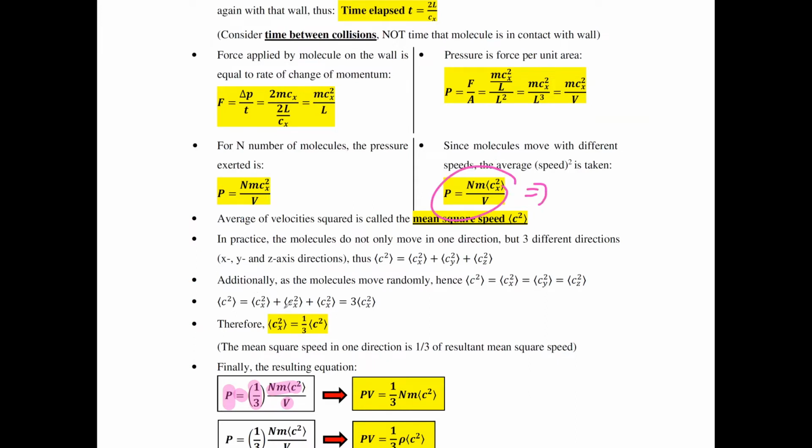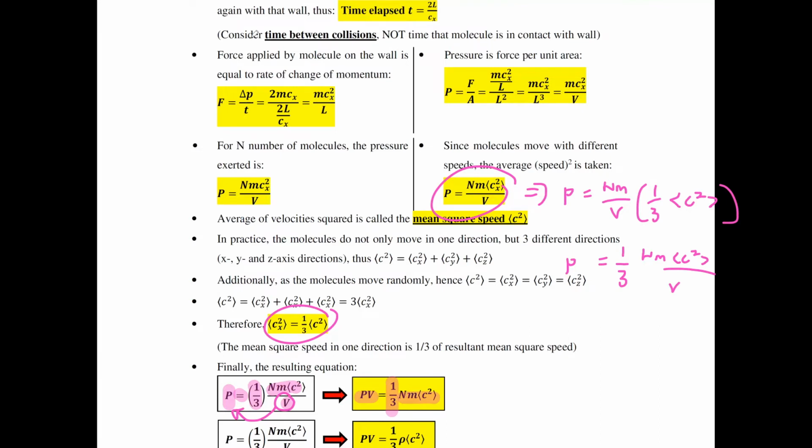So if I go and sub in for this one, you're going to get P is equal to nm over v times 1 over 3 mean square speed, thus giving you P is 1 over 3 nm c squared over v, which you can then shift the v around to here, giving you PV equals 1 over 3 nm c squared.